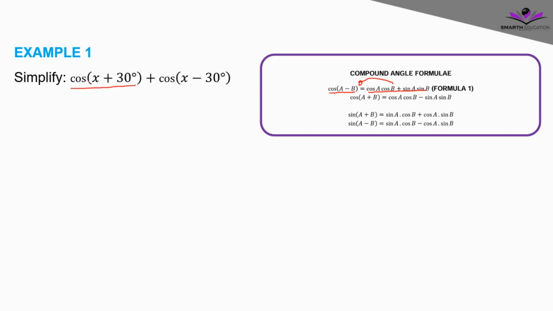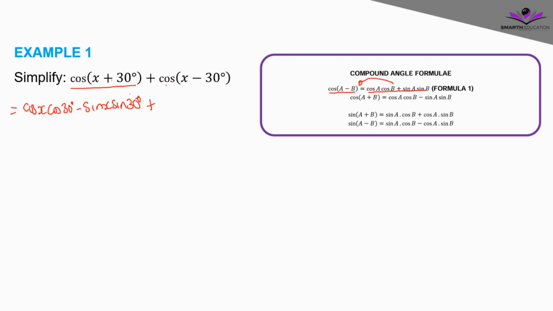So this is cos x cos 30° minus sin x sin 30°. Then plus, and then we have this one.